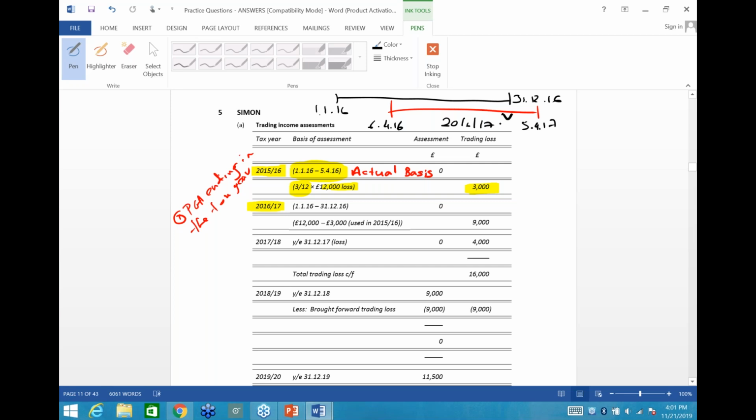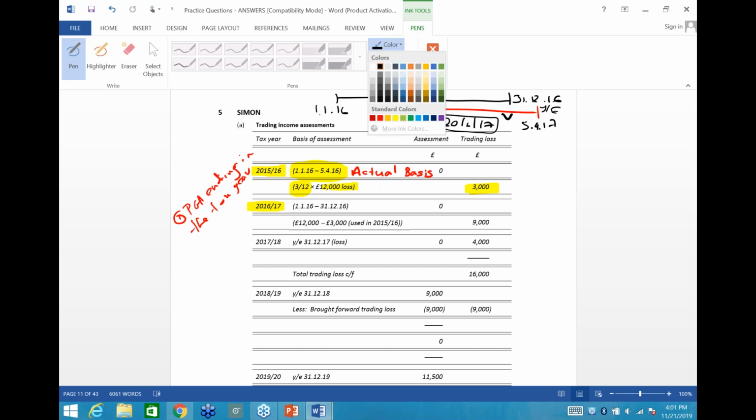So yes, there is a period of account ending in the tax year 16-17. My first question is, is there a period of account ending in the tax year 2016-17? Yes. Year ended 31st December 2016 falls into the 16-17 tax year.